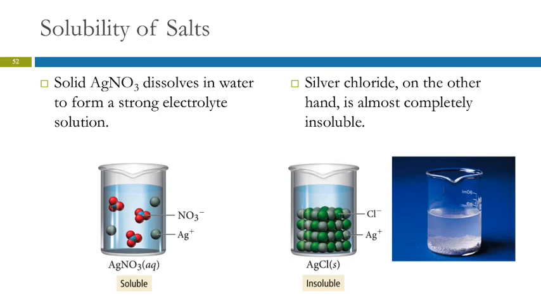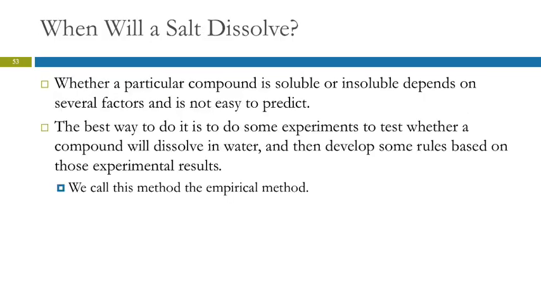Why does this happen? Well, that's complicated. There are reasons, but it's complicated, and we don't have time to go to that complicated place. So there's several factors. It's not easy to predict. The best thing, the most straightforward thing, is called an empirical method, by experiment.